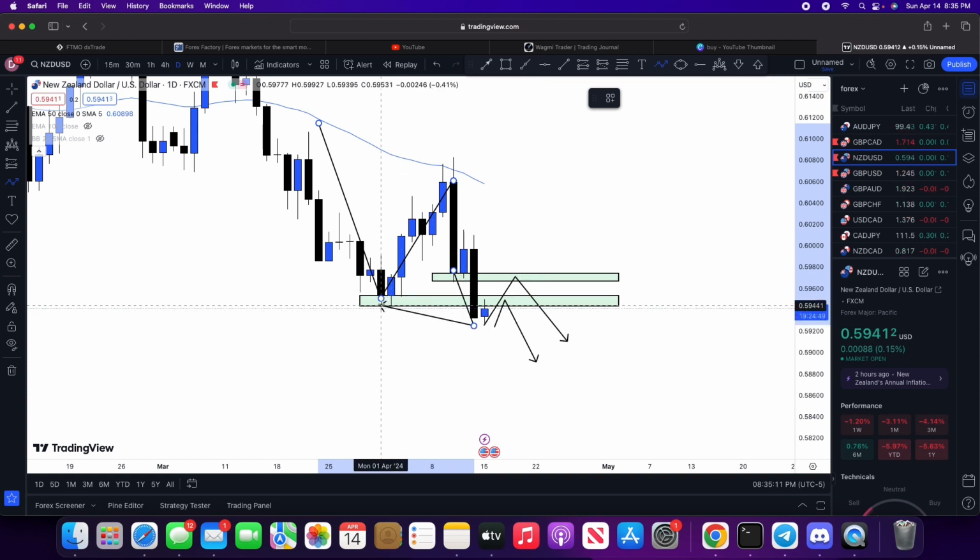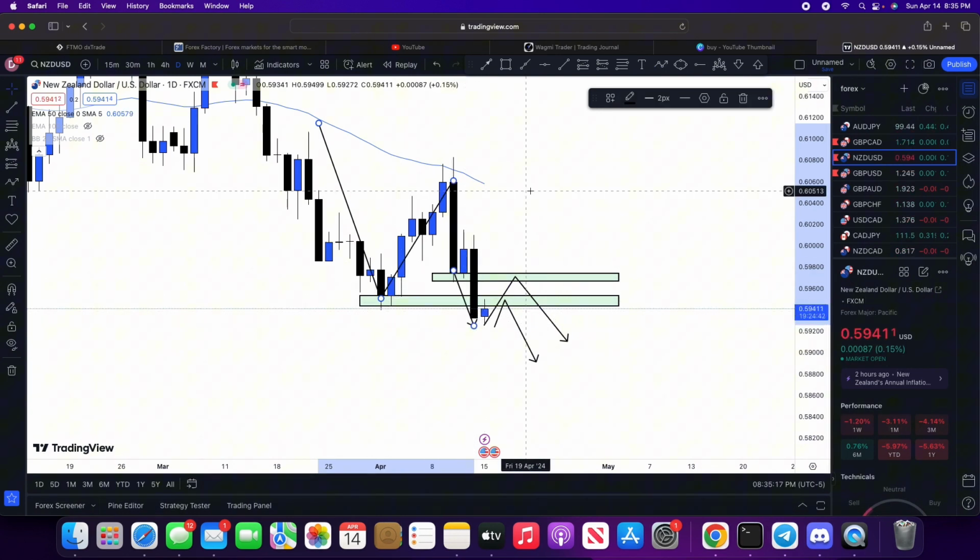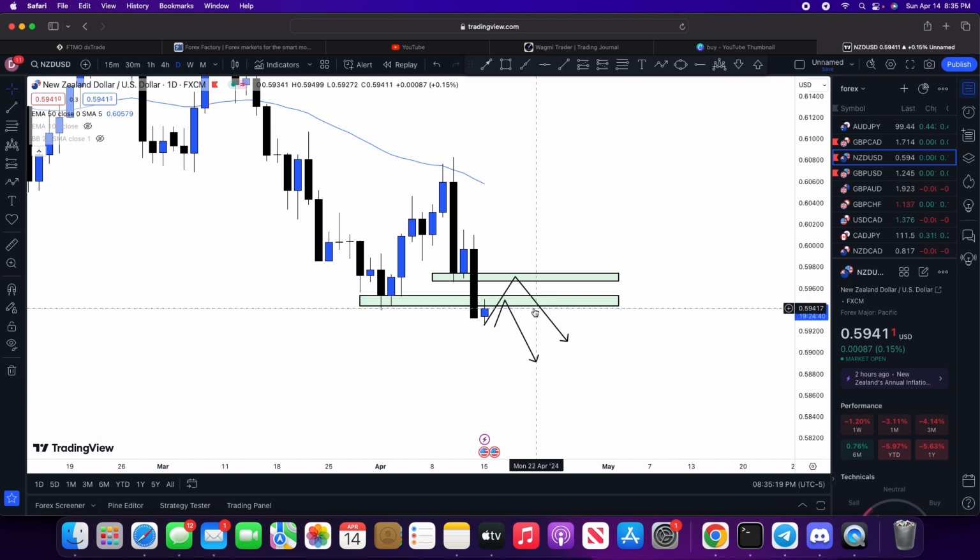So now that we were able to break below this lower low again, all I'm gonna wait for is to see where price can reject from. Can price reject from this level? If price rejects at this level, I'll be more than happy to take the short. Let's say it doesn't. That's completely fine. Can price reject at this level?